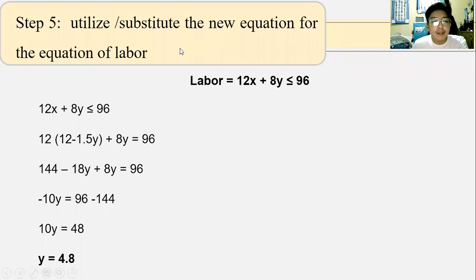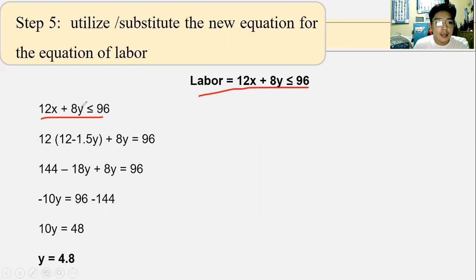Next step. We're going to substitute the new equation into the equation of labor. Again, what is our equation for the labor? For the labor, we have 12x plus 8y is less than or equal to 96. We use the equation that we solved earlier, so just copy this from that.